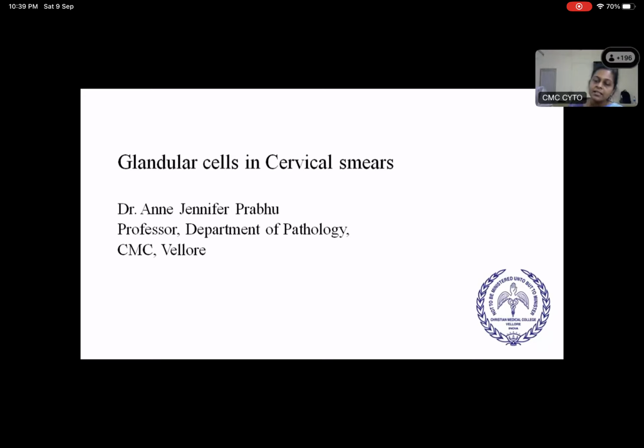So glandular cells are actually a little more difficult to begin with, and quite often it's really not easy to see the chromatin pattern. It's not very often that we see distinct cells very clearly. So it's more about getting your eyes trained to recognizing the architecture of these cells and the presence of these cells as crowded groups within the entire spectrum of the cells that you would see in any cervical smear.